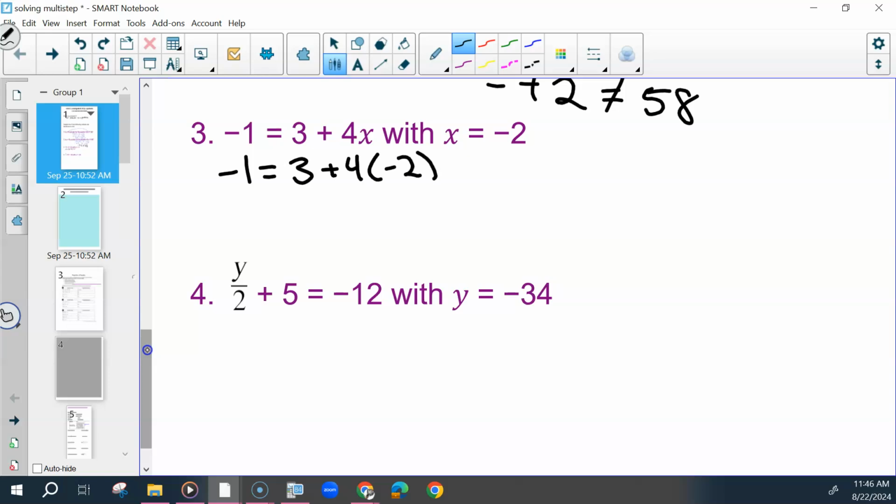And then I'm using my order of operations, so I'm going to multiply first. This plus becomes a minus. We're going to try to avoid putting plus minuses because that gets confusing. And then go ahead and subtract this. And then we get 2 different numbers. Negative 1 does not equal negative 5. This is not a solution.